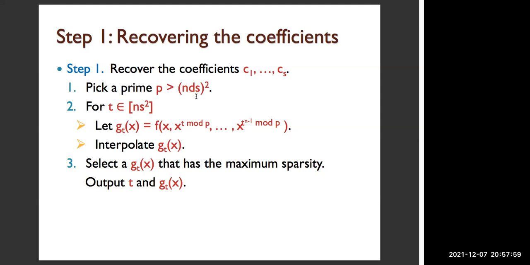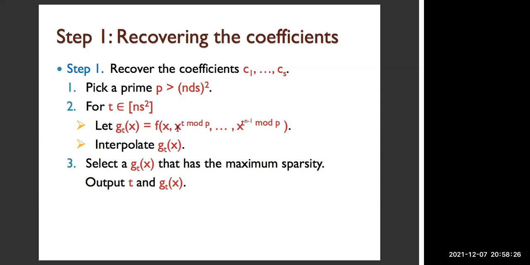You pick a prime, and then you define a bunch of univariate polynomials in x. How many of them? Again poly in s, say n s squared, just for the sake of concreteness. How are they defined? For an integer t in this range, you define it as follows. In place of the first variable of f, you plug in x.